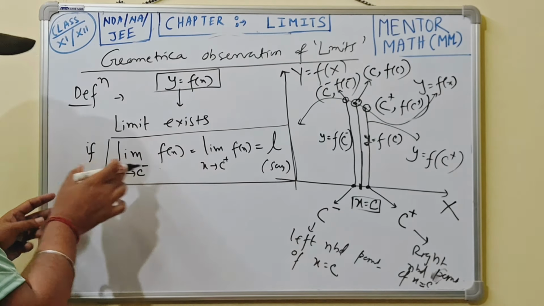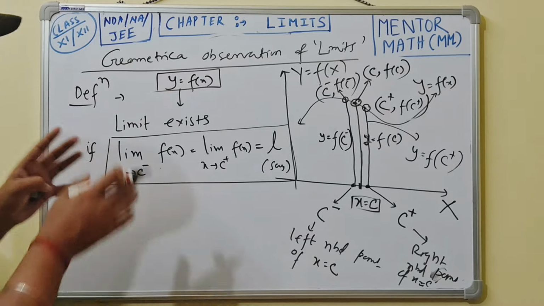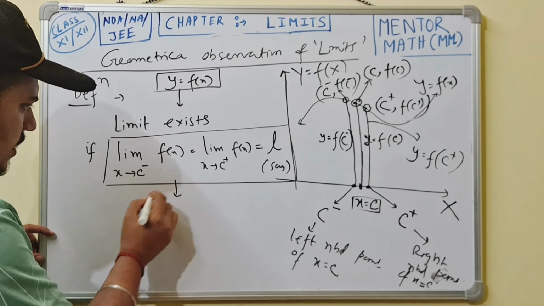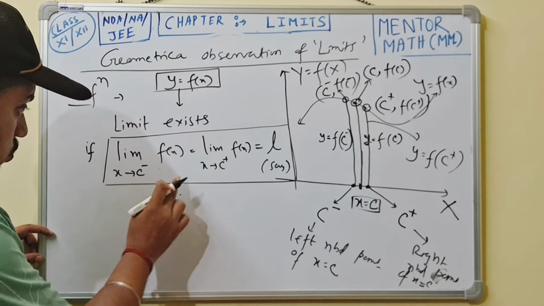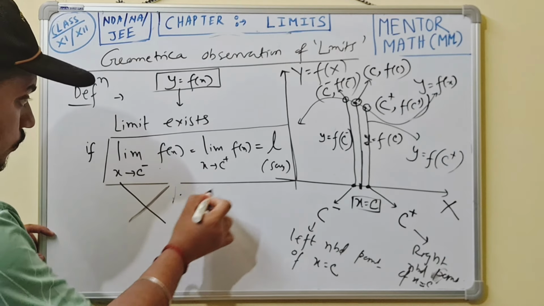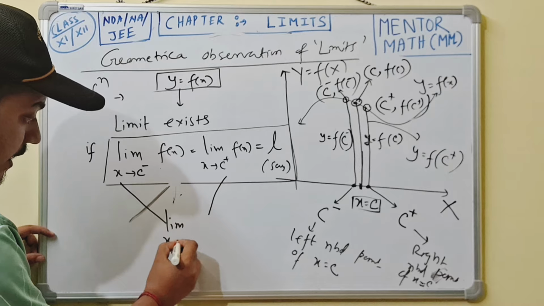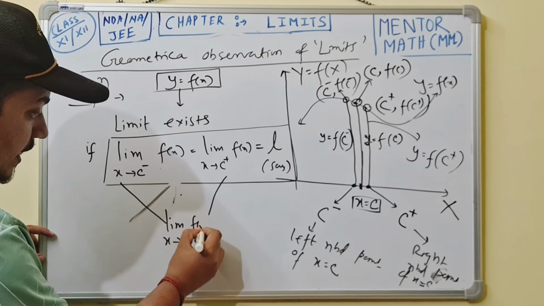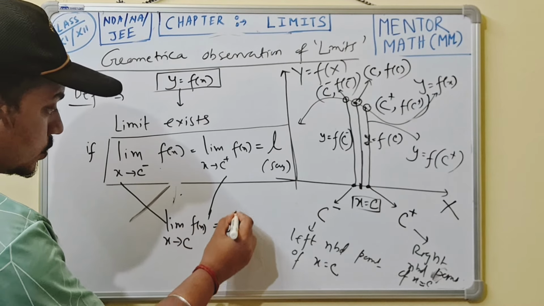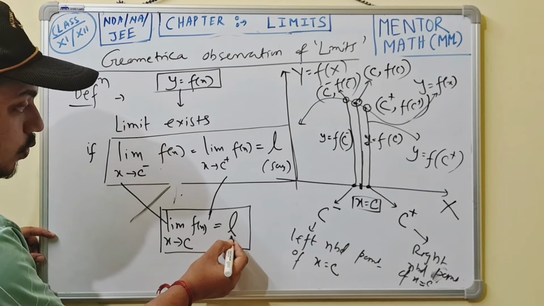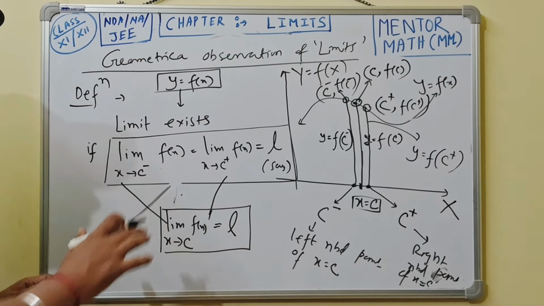If this relation is satisfied, that means the limit exists, and you can also write these two forms as limit x tends to c of f(x) is equal to L. So this is your limiting value, that is your L value. This is your mathematical approach.